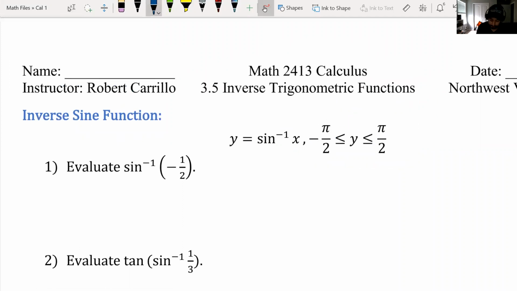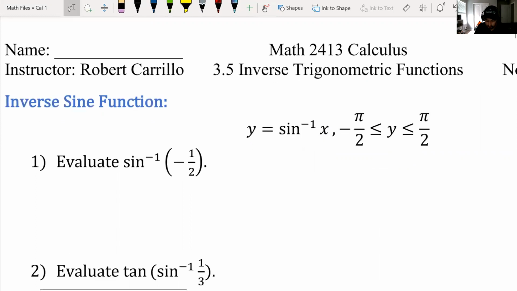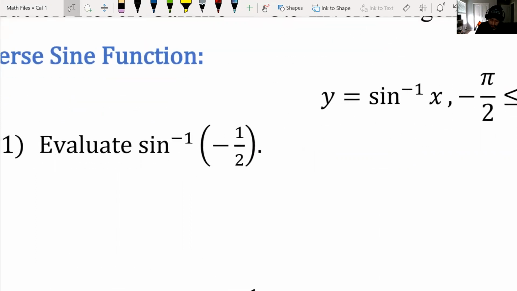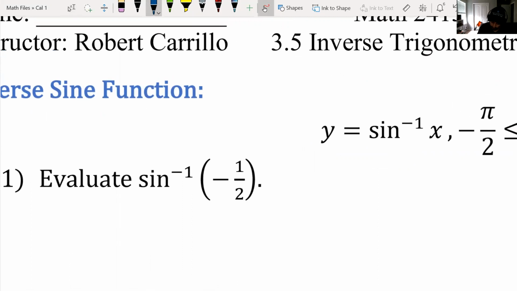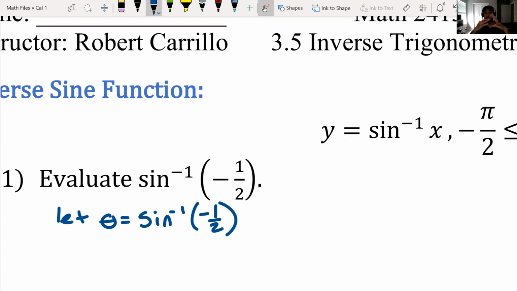So we'll start with this one. To solve this one, we let theta equal the inverse sine of negative 1/2. Then we compose both sides with the sine function.